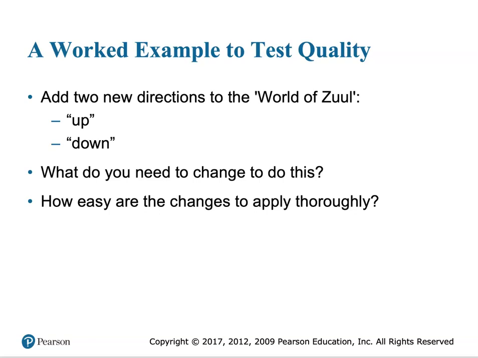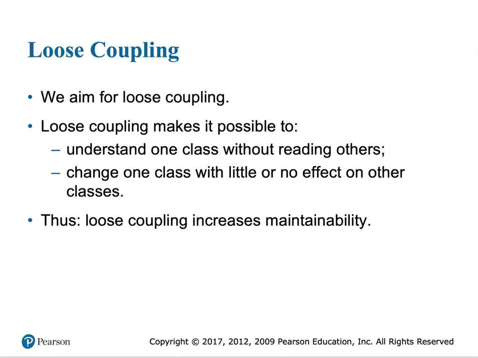So if you've tried to add up and down, you can see that it would be beneficial if there was some way for us to loosen the coupling between these two classes, between game and room. What loose coupling gives us is this ability to understand one class without having to know how another class works.